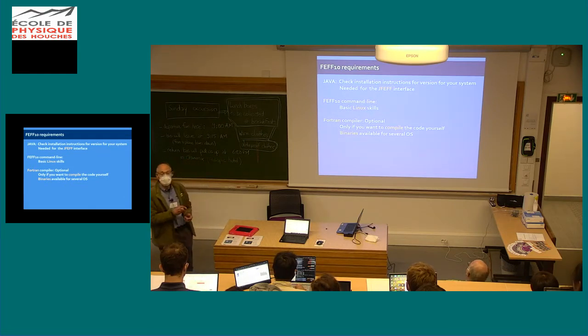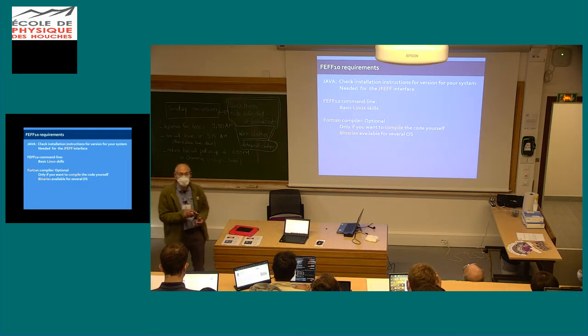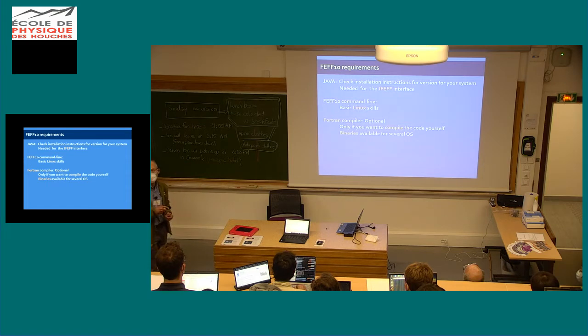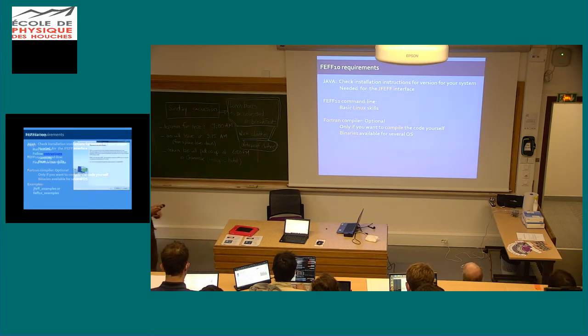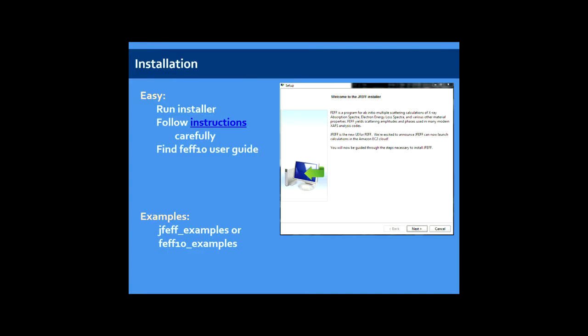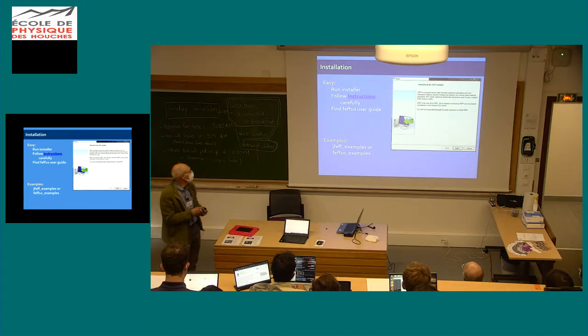Okay, so a Fortran compiler is optional only if you want to run it on your own mainframe and do it in MPI, which I recommend because if you have a lot of cores, you can run it much faster. Okay, we've changed the installer. This was the old installer. There's a new one. You probably noticed.